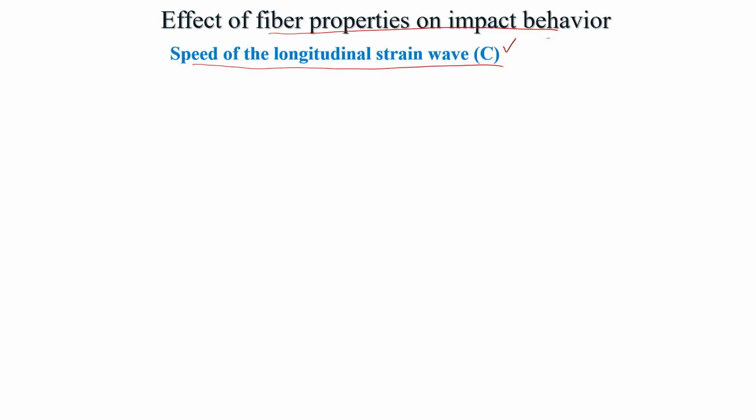Whenever there is an impact on a fabric, there will be a longitudinal wave generated, which will help in dissipating the energy. So this speed depends on the fiber characteristics.